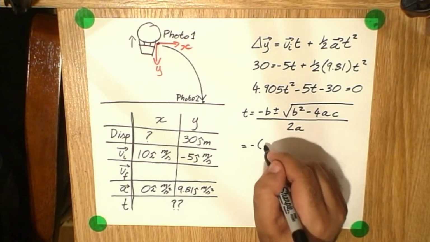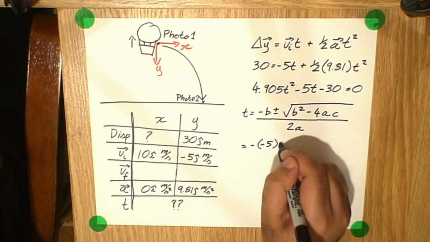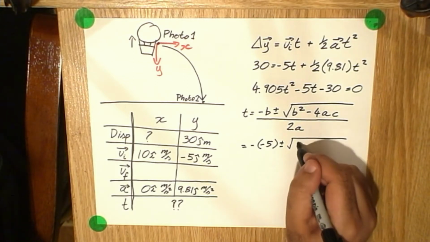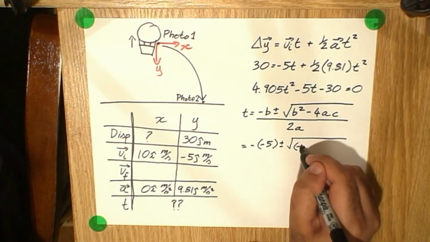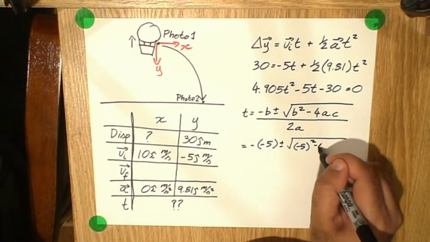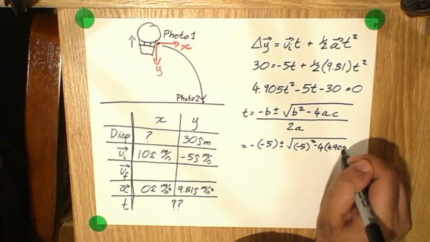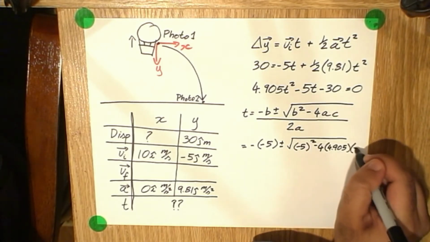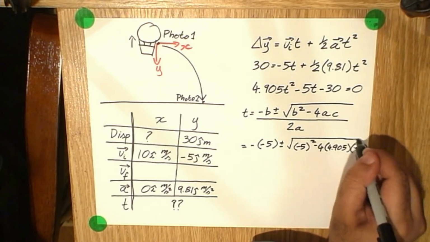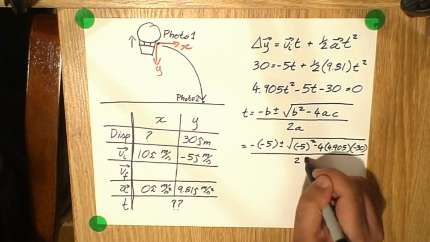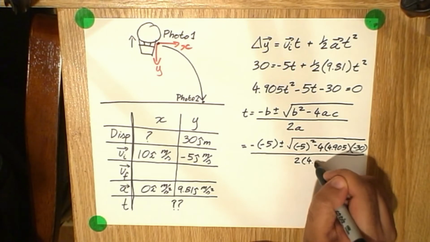B is -5, plus or minus square root of b squared minus 4a, which is 4.905, times c, -30, all divided by 2 times a, which was 4.905.